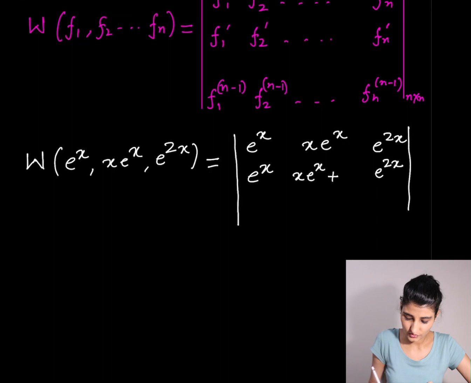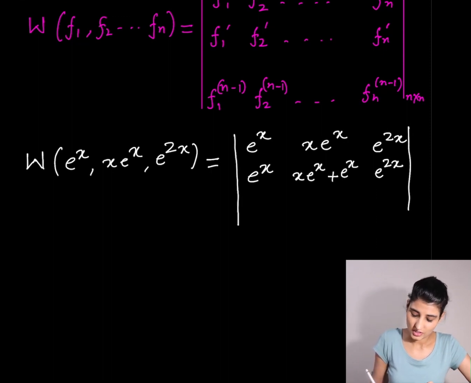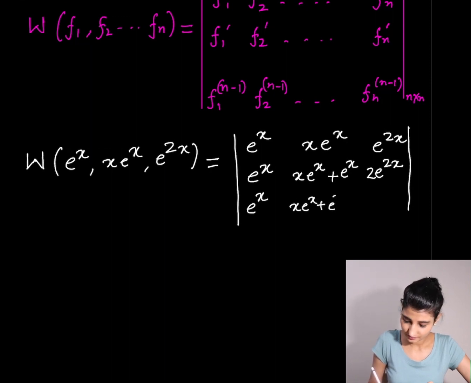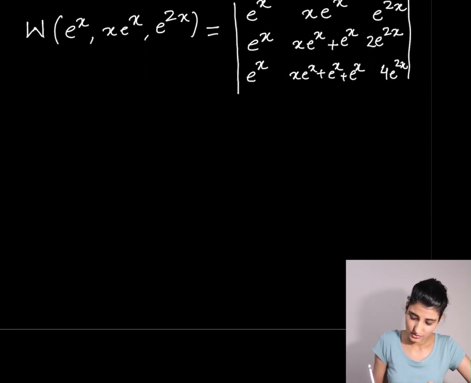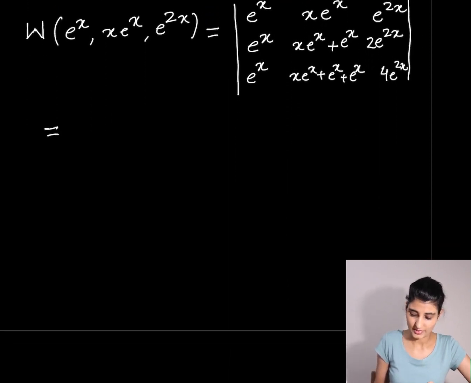We keep the first function as it is, take the derivative of the second one, plus we keep the second one as it is, derivative of x is 1. And then we take the second derivative: e power x, plus e power x, since the derivative of e power x is e power x again, and 4 times e power 2x.